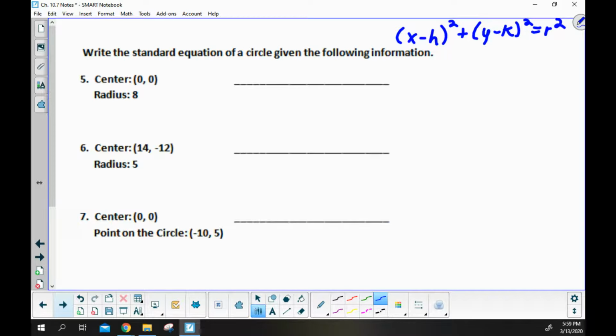And remember, h and k is my center. So in this case, I can write this as (x - 0)² + (y - 0)² = r², which would be 64. And you do want to put it as 64, not r squared. Or you can write it as x² + y² = 64. Either of those is acceptable in this case.